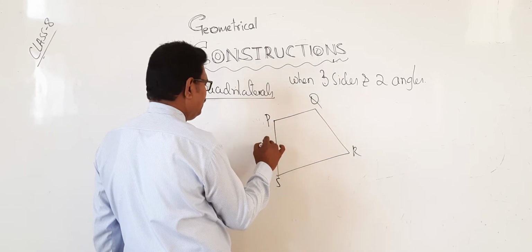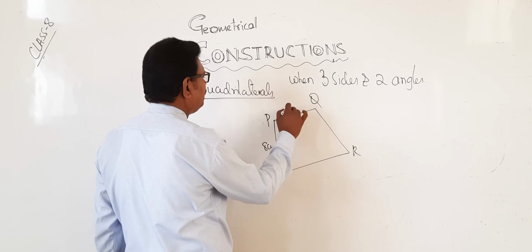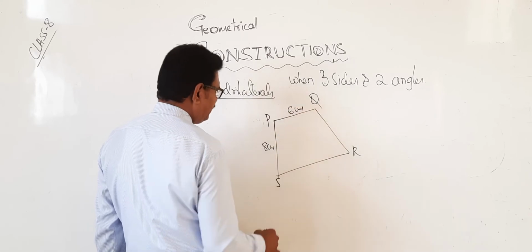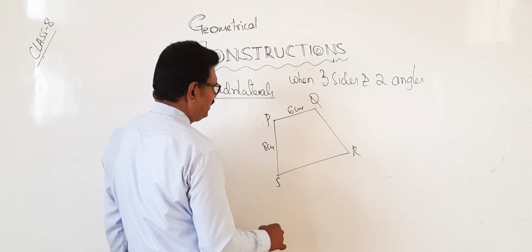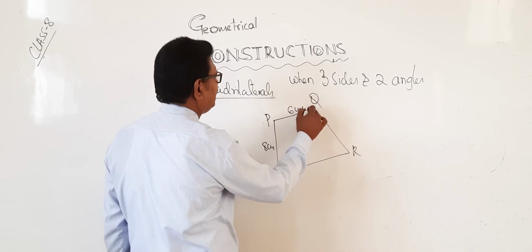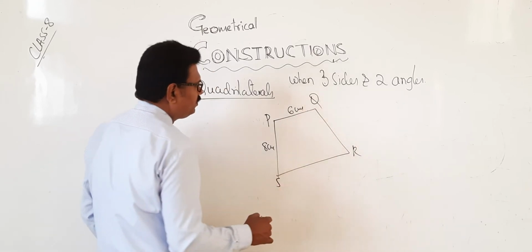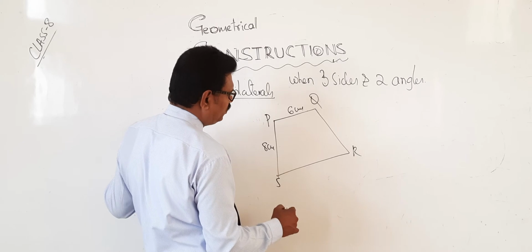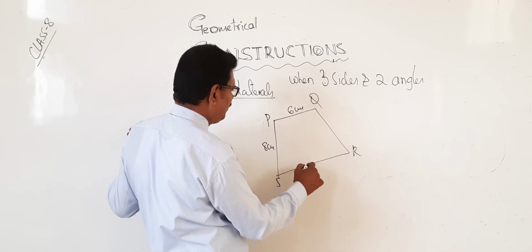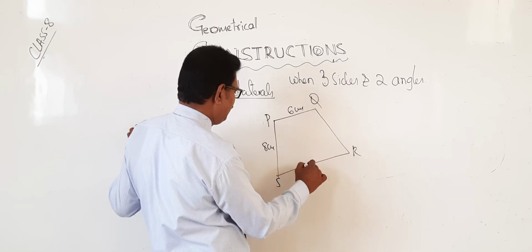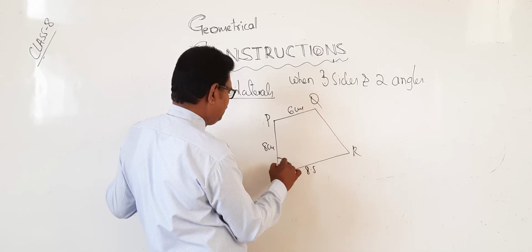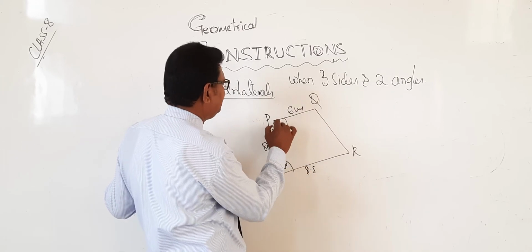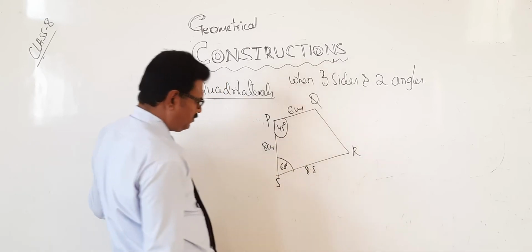For example, 8 centimeters, 6 centimeters, this angle. Now three sides and two angles. Here automatically it will come. For example, this is 8.5, this is 60 degrees and this is 40 degrees.